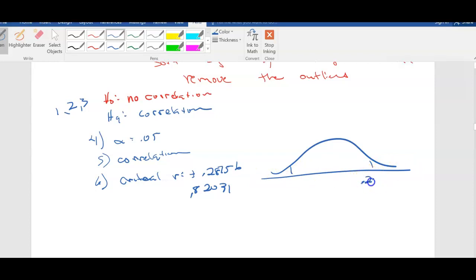So we have 0.28 and negative 0.28. 0.82 is here. This is my rejection region, so this means I reject the null. Let's look at our p-value. The p-value is 0.000, which is less than 0.05, which means I also reject the null.